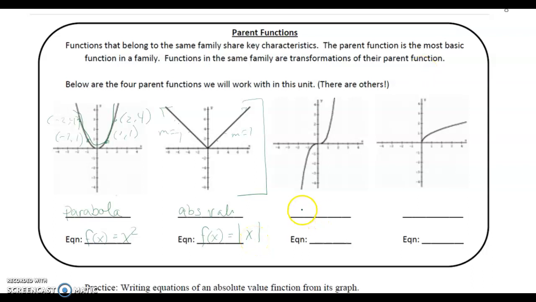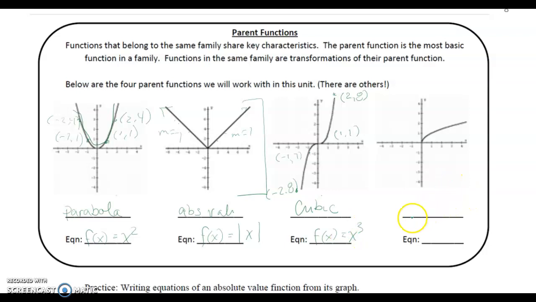The next function is called a cubic function. It goes through 1, 1. It goes through, boy, you can't even see it here, 2, 8, as well as negative 1, 1, and negative 2, 8. And it's a function of the form f of x equals x cubed.